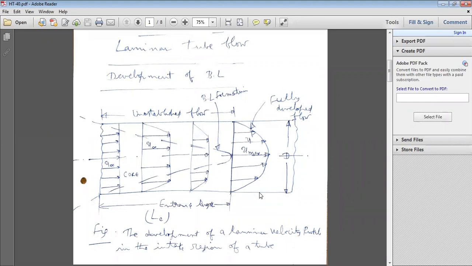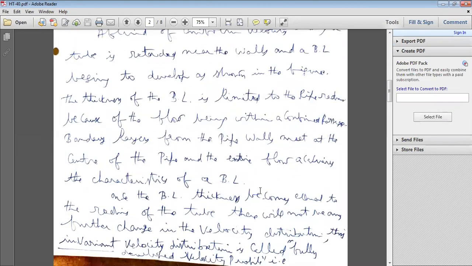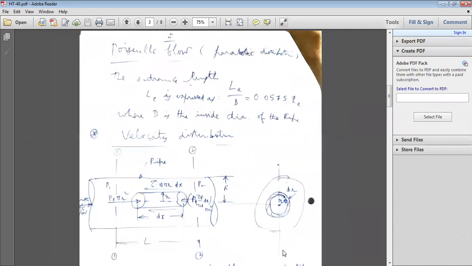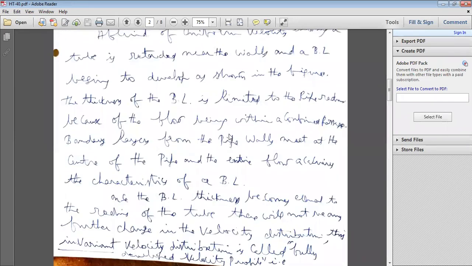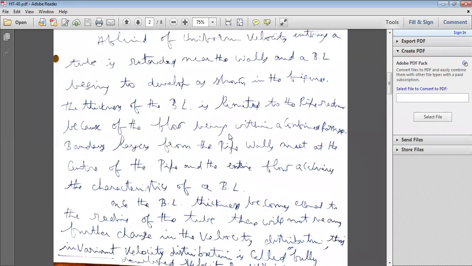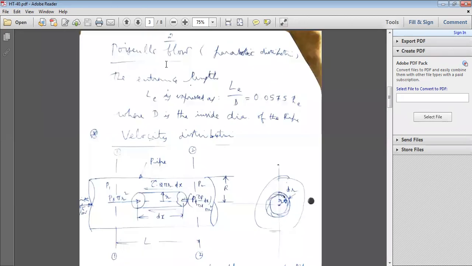That flow is known as Poiseuille flow, with a parabolic distribution. Fully developed flow is known as Poiseuille flow, and this distribution is parabolic in nature.